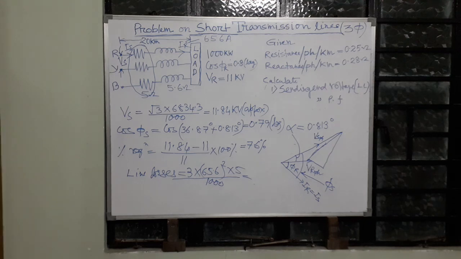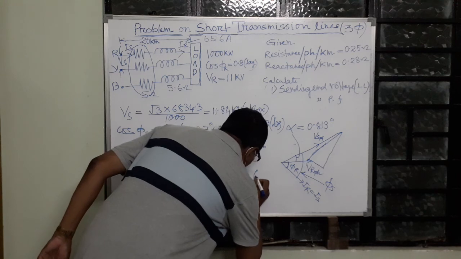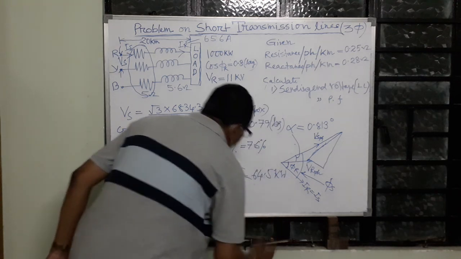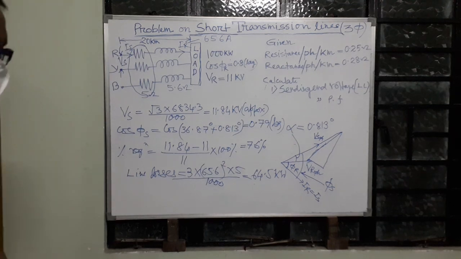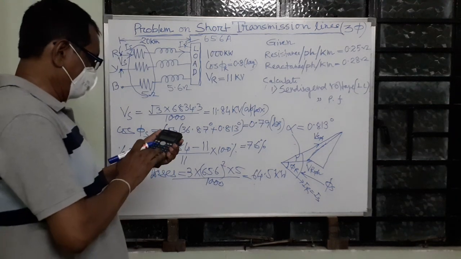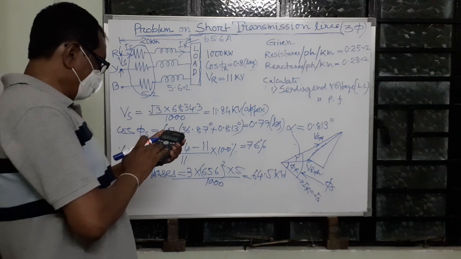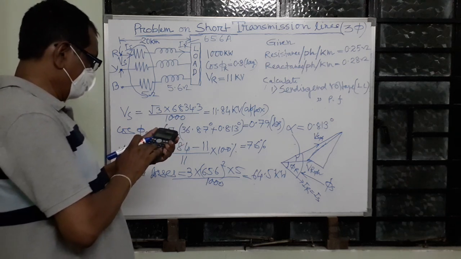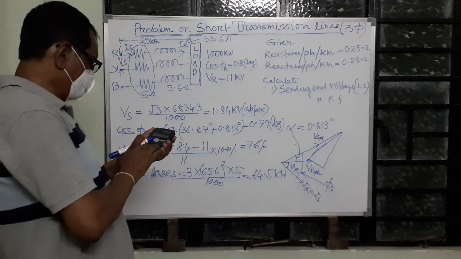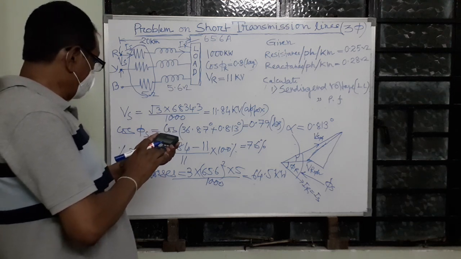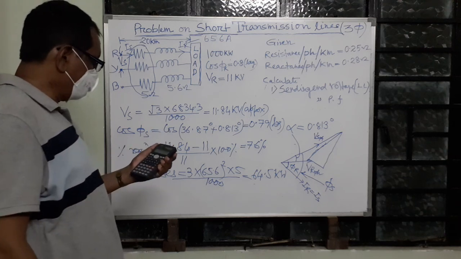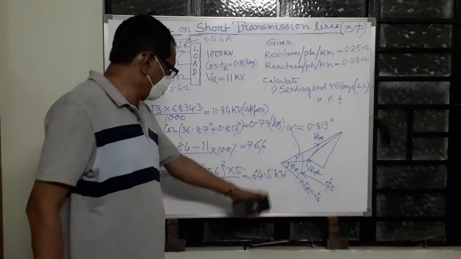So this will be 64.5 kilowatt. This is the power loss. 65.6 squared multiplied by 3 multiplied by 5 divided by 1000 gives 64.55 kilowatt.